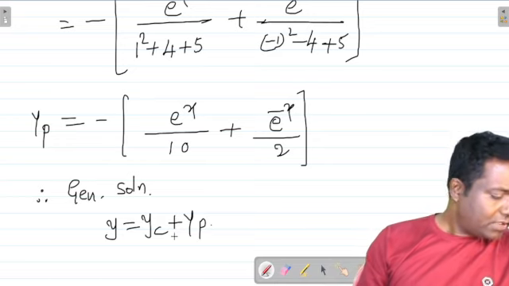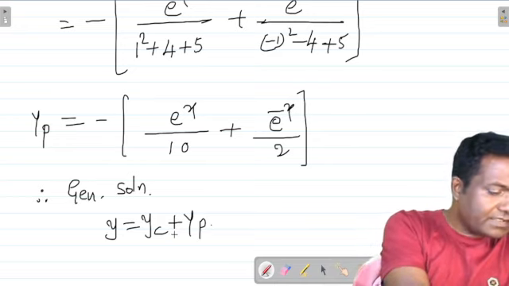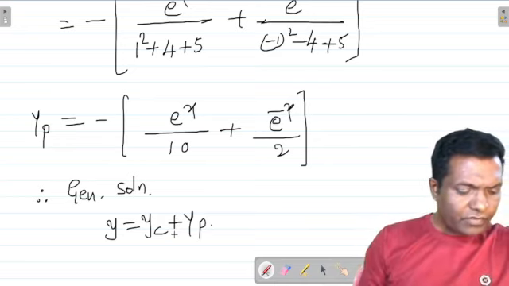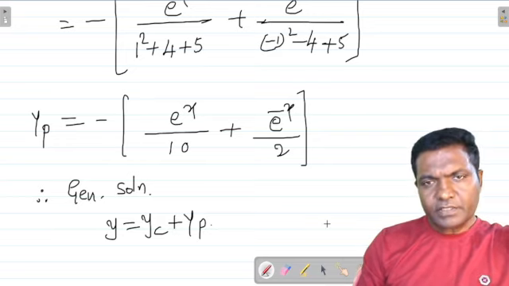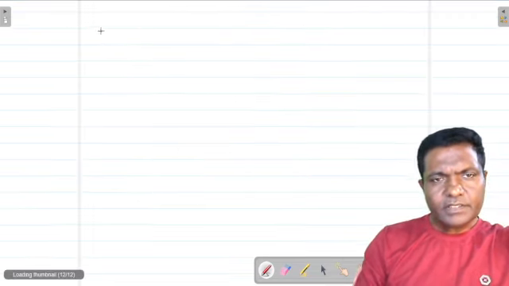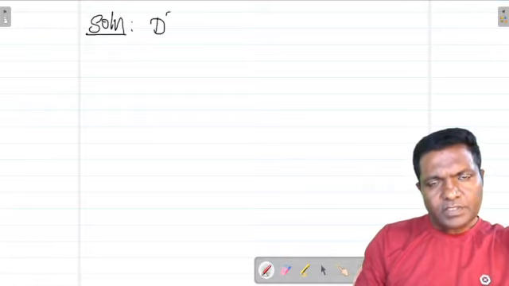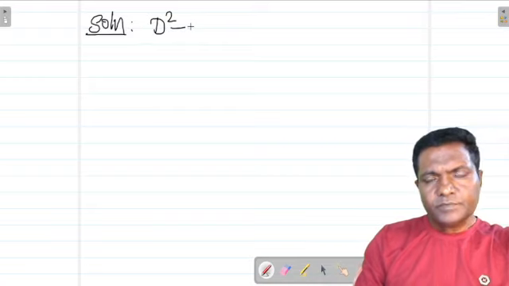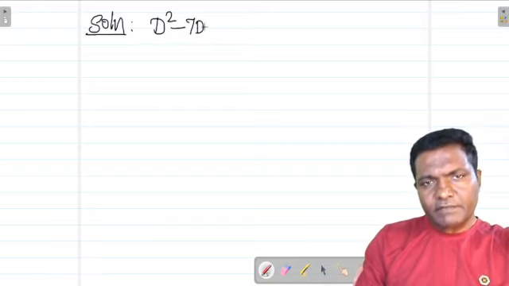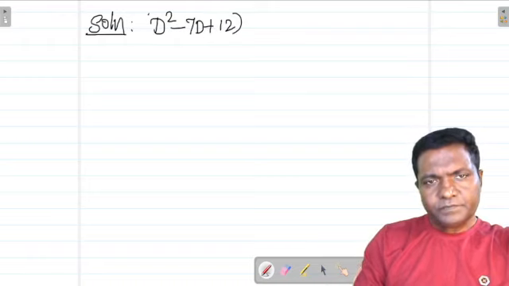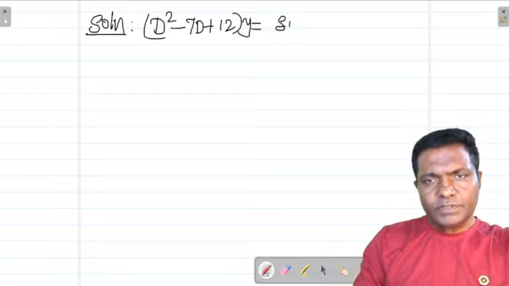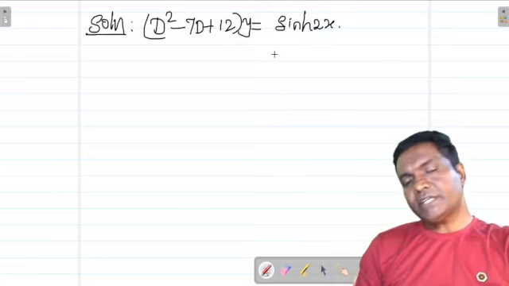So let me take another example for your homework. Solve d square minus 7d plus 12 into y equals sine hyperbolic 2x.